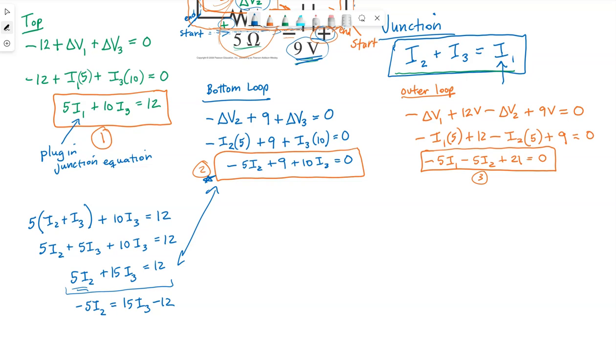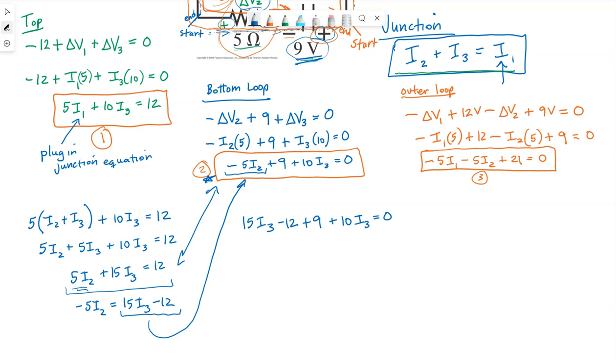The reason I'm solving for negative 5I2 is because I see minus 5I2 right here. So I'm plugging this in for the minus 5I2 part. So 15I3 minus 12, and then finishing the equation, we have plus 9 plus 10I3 is equal to 0.